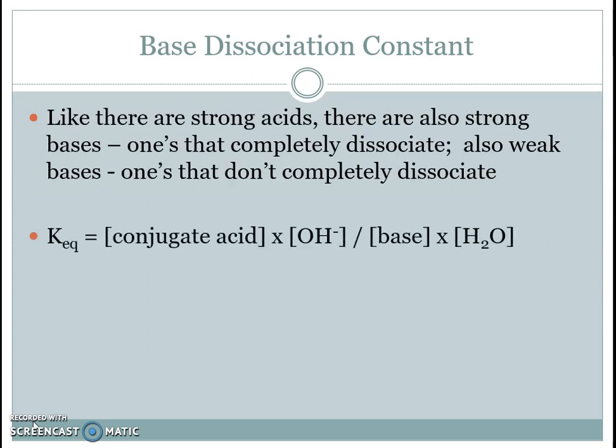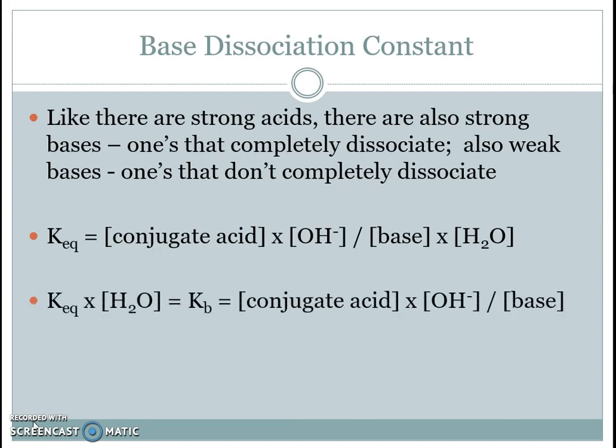And we can do the same with our equilibrium constant, except instead of having our hydronium ion and our conjugate base over the amount of acid left over in water, we now have our conjugate acid with a hydroxide ion over the base and the amount of water. And again, the water isn't really going to affect the dissociation. So we can take the water out and we get our Kb, which is going to be the conjugate acid times the number of hydroxide ions divided by how much base is left undissociated.